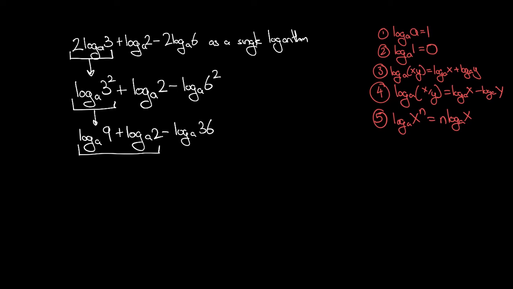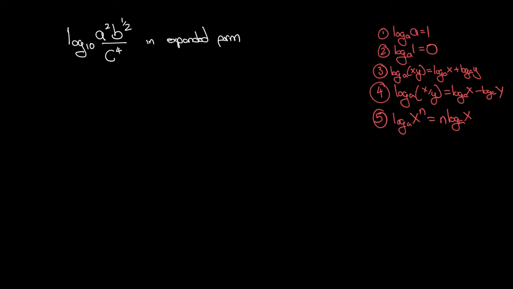That's the same thing as the log base a of 9 times 2, because we're multiplying, and they're all being divided by 36 because we have a subtraction. Simplifying that down, that's equal to the log base a of 18 over 36, which is the log base a of 1/2.